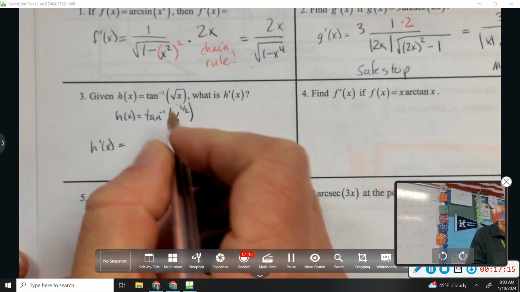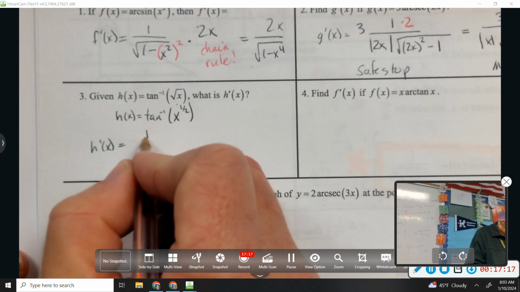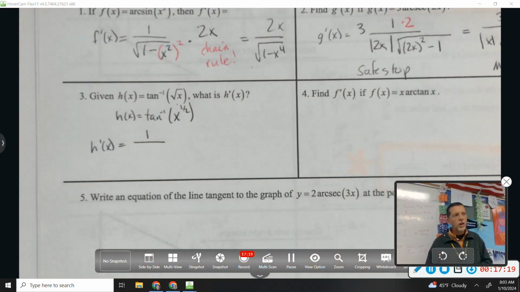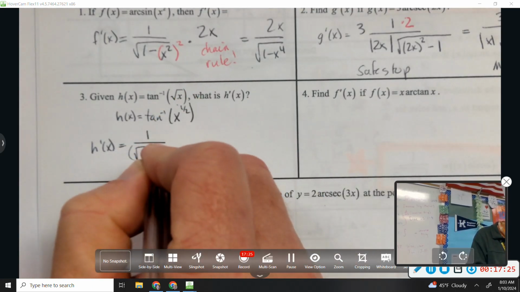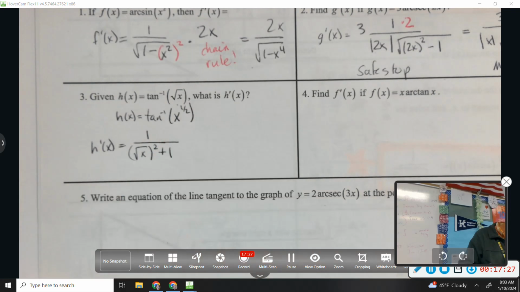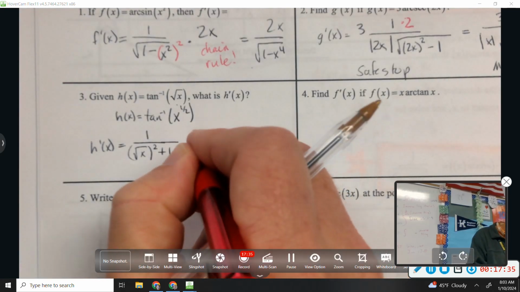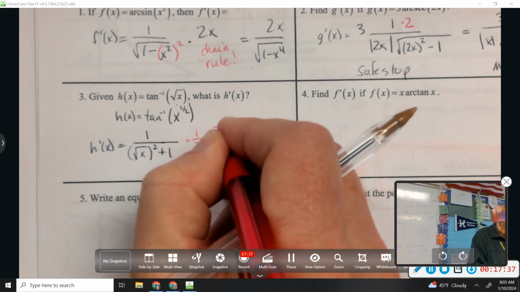So the derivative of tangent, tangent's the easy one. It's just 1 over argument squared plus 1. But chain rule, I need the derivative of x to the 1/2. So that's 1/2 x to the negative 1/2.